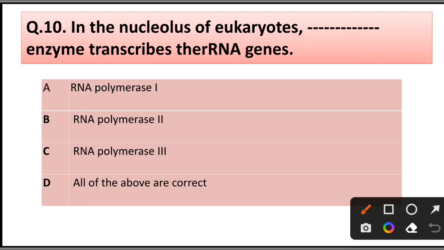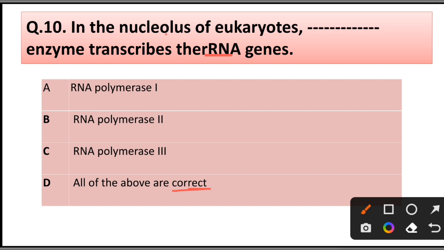Question number 10. In the nucleus of eukaryotes, dash enzyme transcribes the rRNA gene. RNA polymerase 1, RNA polymerase 2, RNA polymerase 3, all of above are correct.